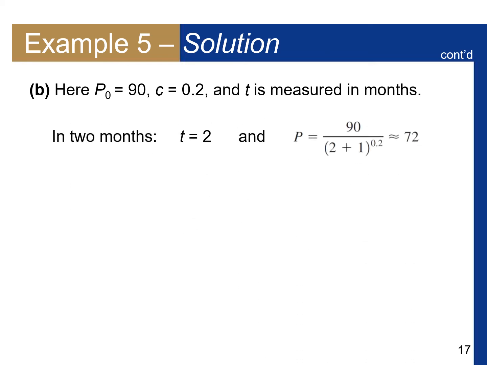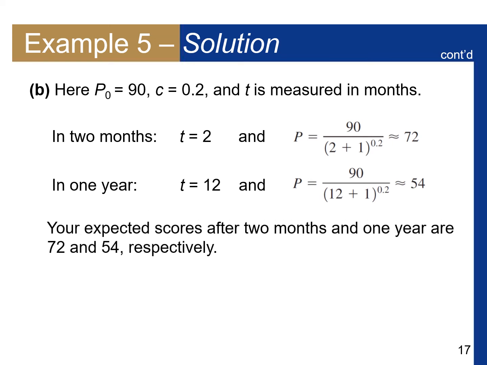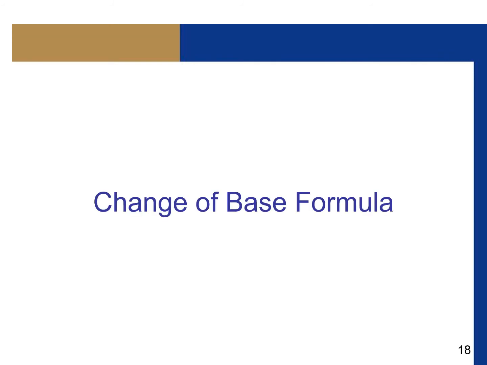So when we plug this in, we will get 72 after 2 months, and after 1 year, 54. So you're expected to have scores of 72 and 54.